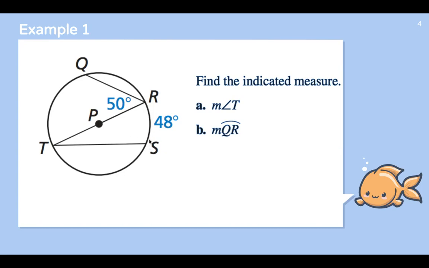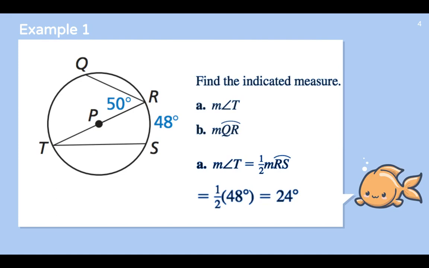Since this arc measures 48 degrees, this would measure 1/2 of that. Just substitute in 48 degrees, you can do the mental math on that. So we know that the measure of angle T is 24 degrees.